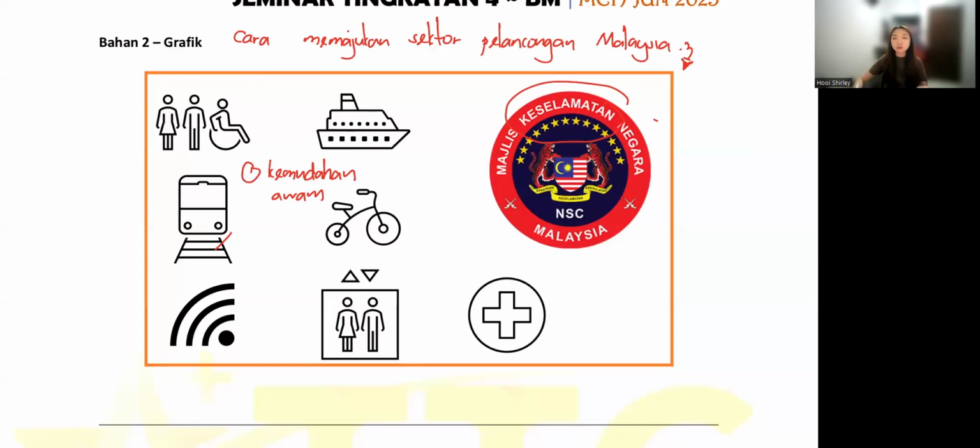You need to relate to the graphic. They never mention services over here, but they mention the Wi-Fi. All of this is like the kemudahan infrastructure. That's why we write kemudahan. Okay. Then this one is the keselamatan. So the second one is what? The keselamatan. No? Then keselamatan, example, we may enhance or improve the sistem pertahanan negara.